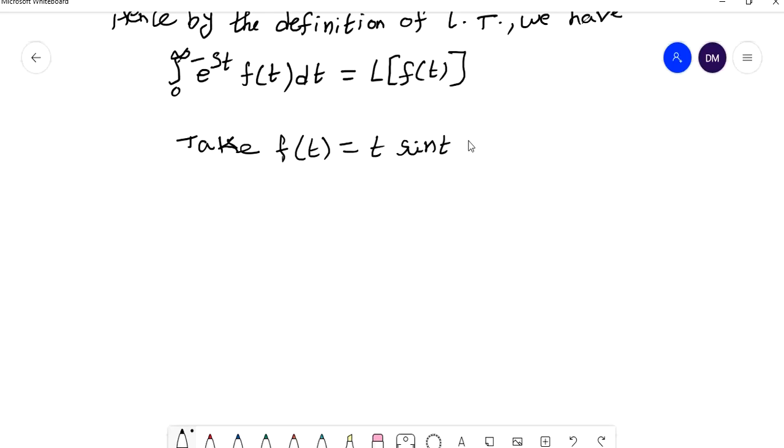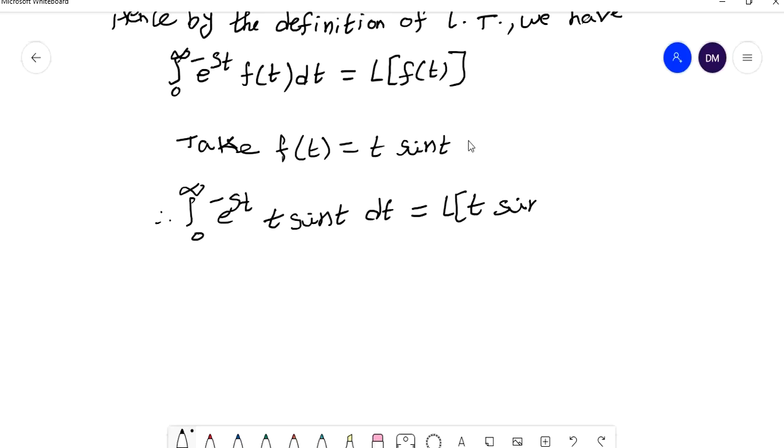Therefore integral 0 to infinity e power minus st t sin t dt is equal to L of t into sin t. Now this integral value is equal to the Laplace transform of t into sin t.